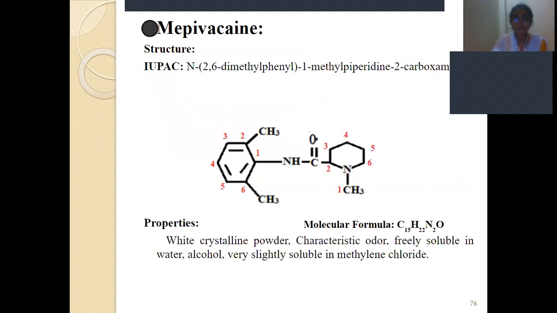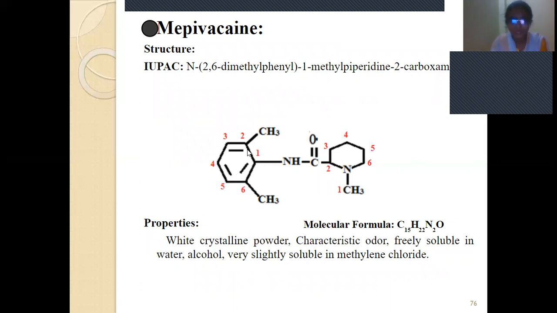So next one is mepivacaine. This is the structure, and the IUPAC name is N-(2,6-dimethylphenyl)-1-methylpiperidine-2-carboxamide.